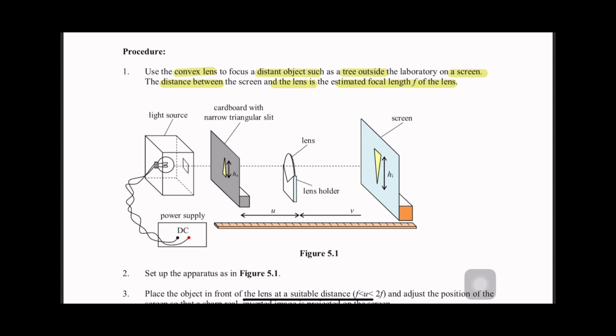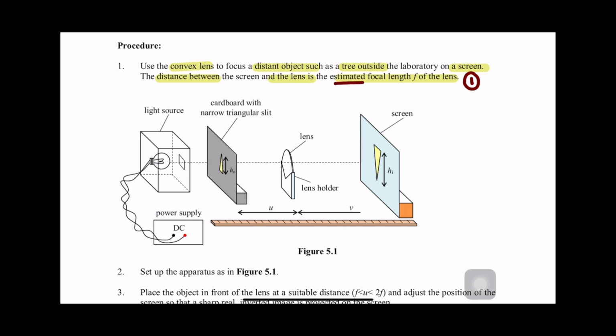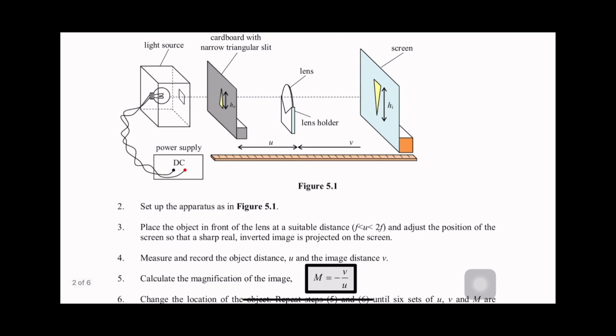Okay, yang pertama tau. You ada banyak focal length. Focal length pertama you dapat daripada estimate focal length, means that daripada luar. Ni adalah focal length yang pertama. Okay, next baru kita akan set up apparatus in figure 5.1, where we put a screen behind the lens.